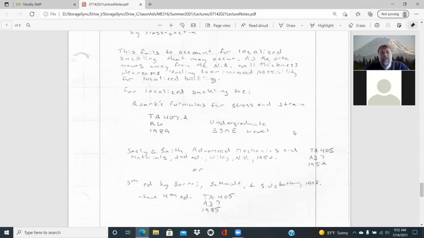And I think one of the best things for evaluating localized buckling is Roark's Formulas for Stress and Strain that I brought up before. There are some other ones, Advanced Mechanics of Materials. And then they had a more recent version as well.